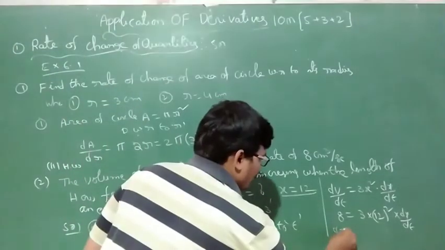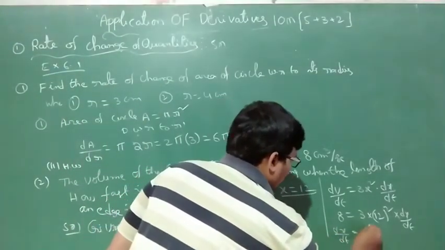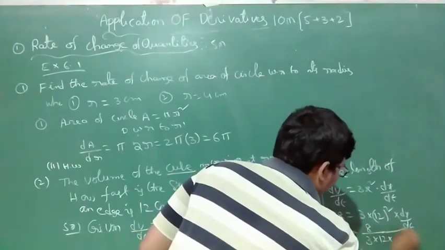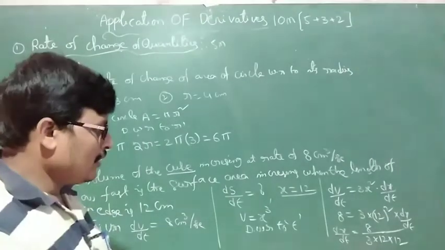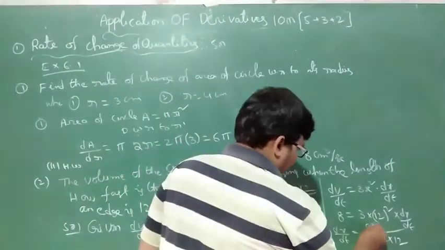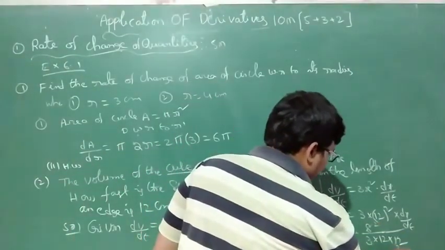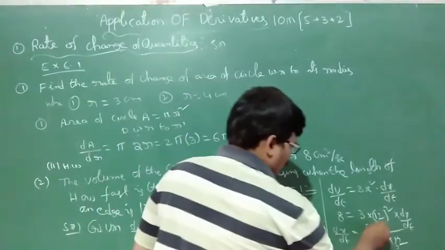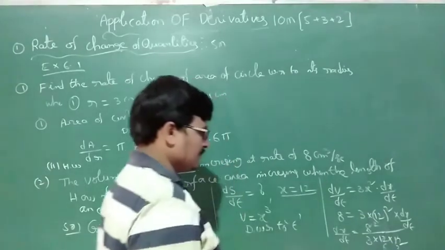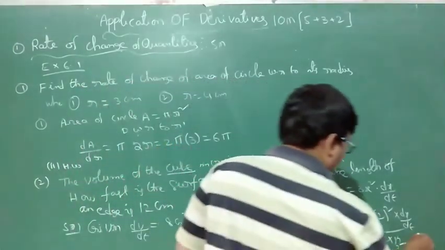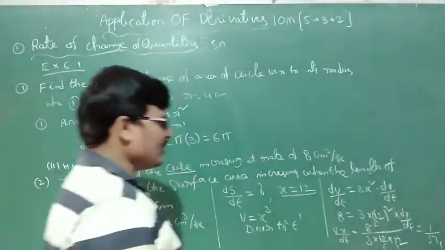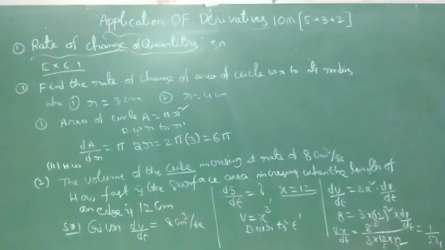So dx by dt is equal to 8 by 3 into 12 square. 12 square means 12 into 12. So dx by dt is equal to 1 by 54.